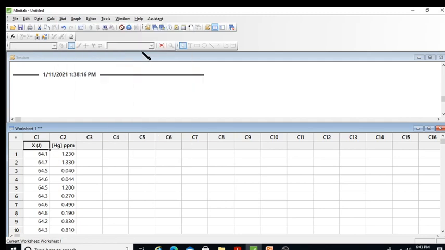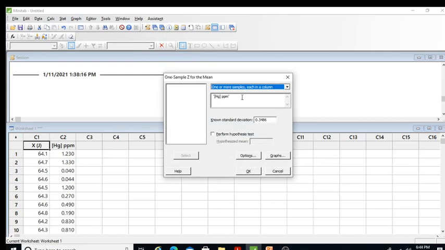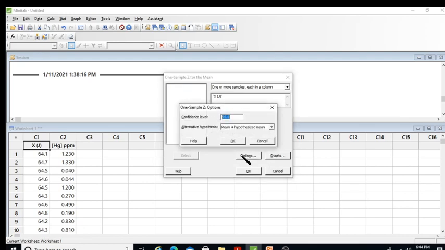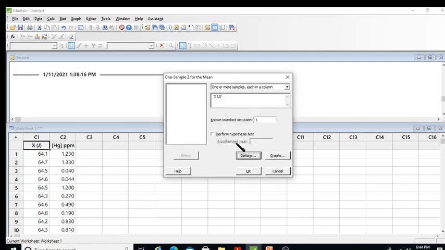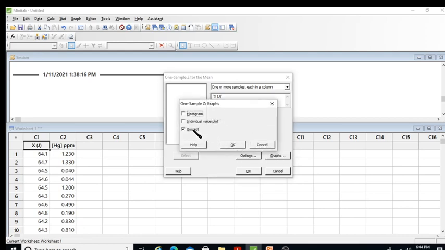If I click on that, my variable is the one I selected here, and the standard deviation, as I know, is 1. Forget about the other options right now; I am interested in the box plot, so just click on box plot.